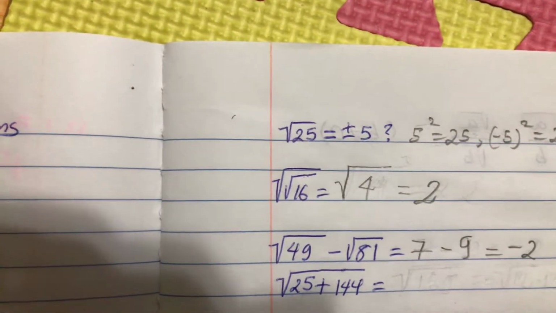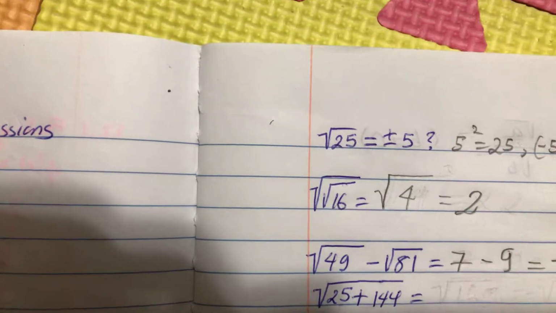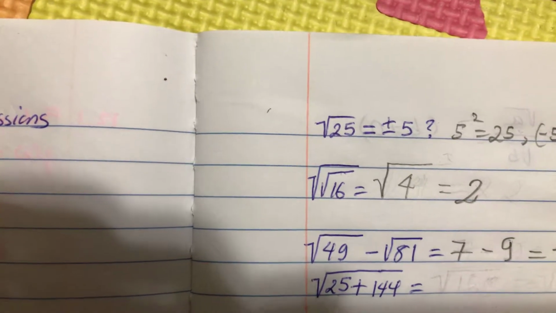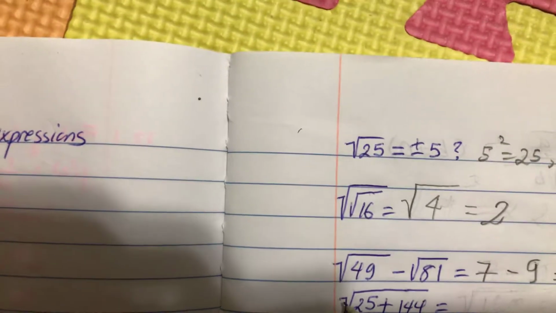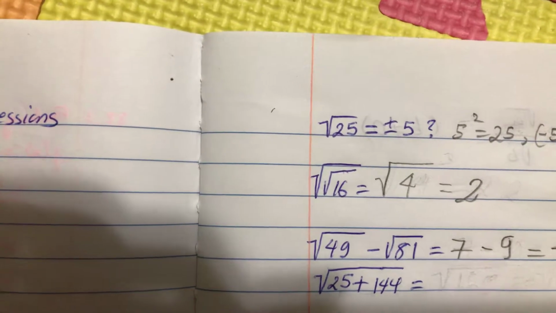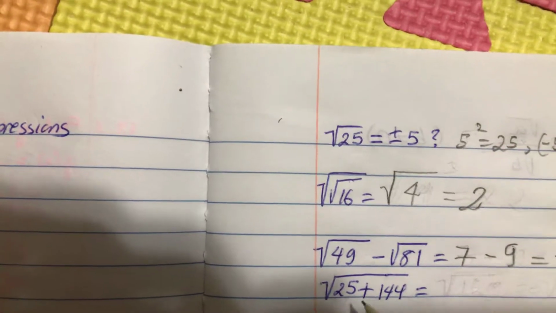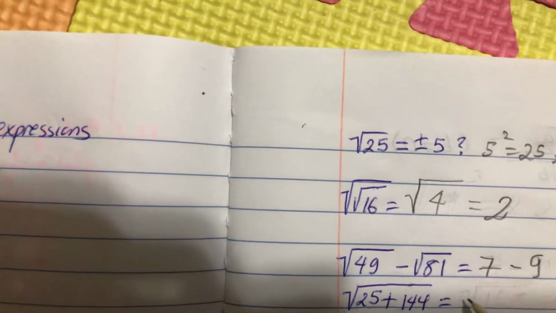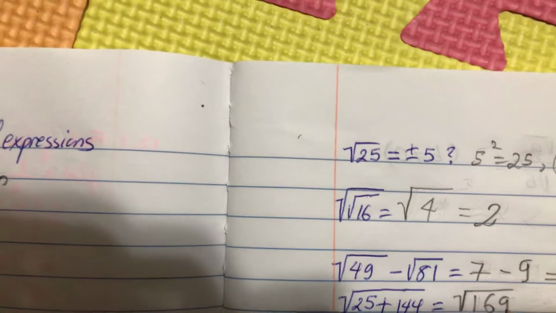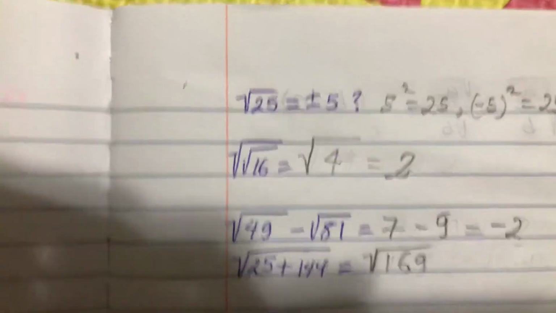Now the square root of 25 plus 144: I will consider this square root as a grouping symbol, so I have to do the addition inside the grouping first. 25 plus 144 is 169.